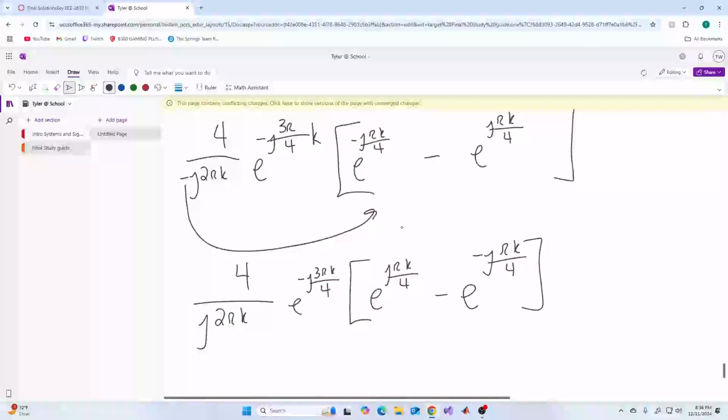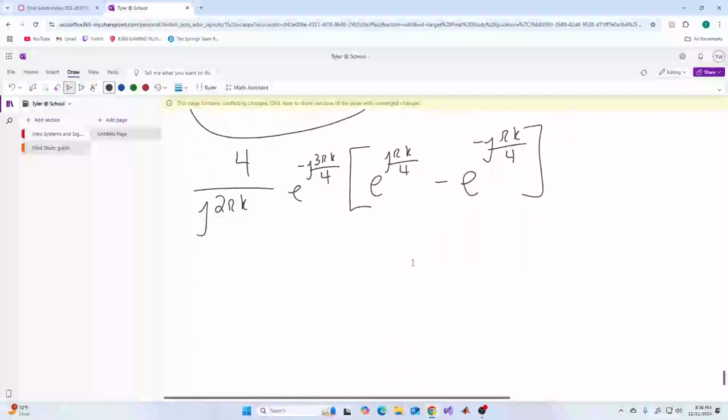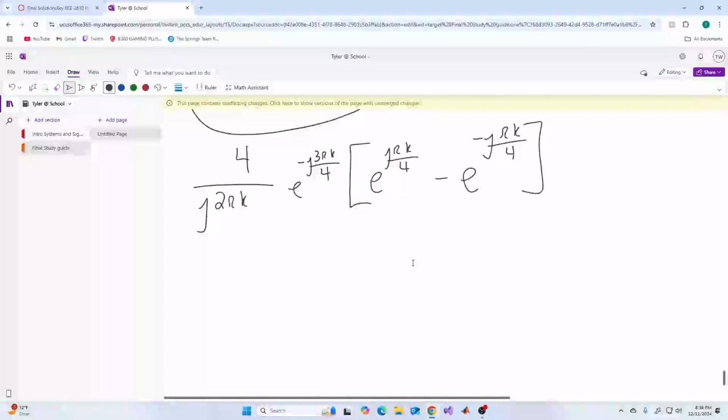Now you may ask me, well, why did you do that? Well, if we remember, the sine of theta is equal to e to the j theta minus e to the negative j theta divided by 2j.